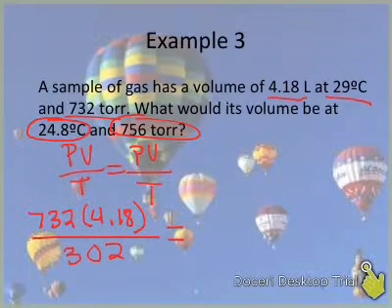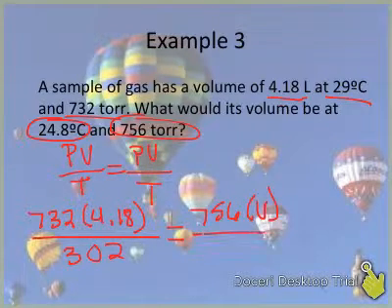My second pressure, 756, times my volume, which is what we're solving for. Divide that by 24.8 plus 273, 297.3. And we can cross multiply. We can solve for our volume, whichever you guys prefer to do.